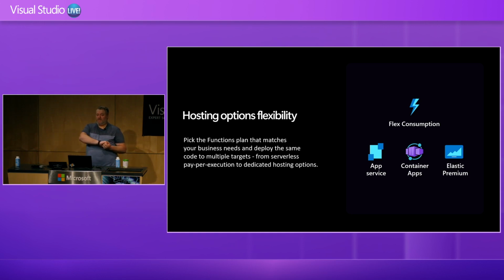So that's what Flex Consumption is for: if you need a solution that is serverless, where you pay only for what you use, that can scale fast and can also provide networking. That's what we built Flex Consumption for, and we've seen a really huge adoption since we went GA in December.